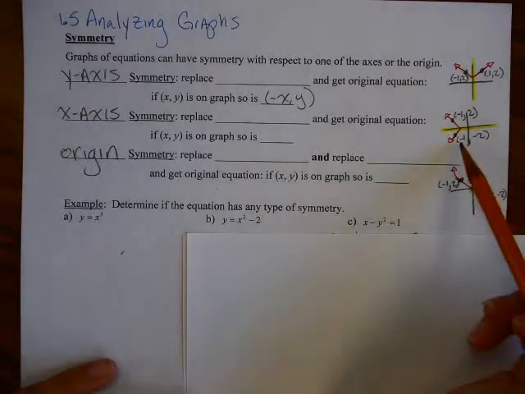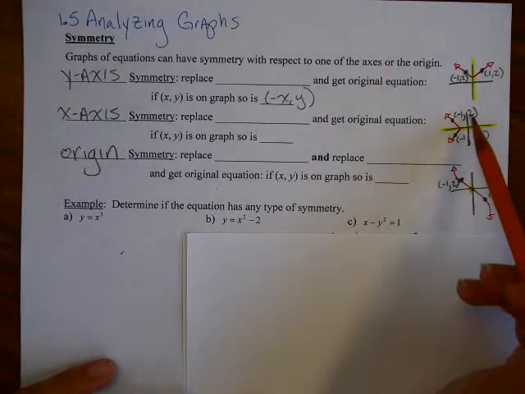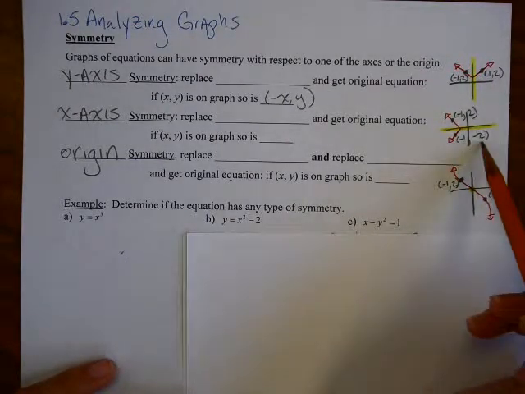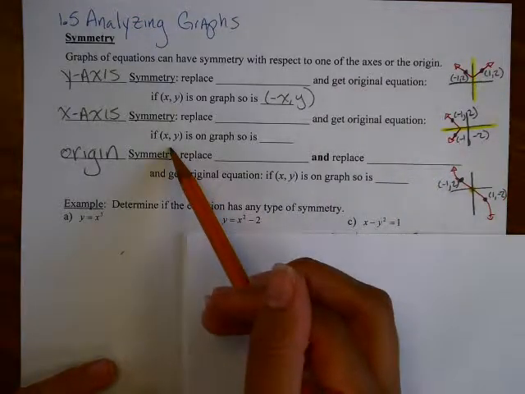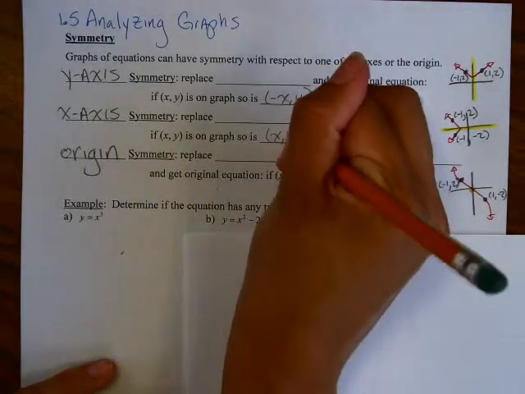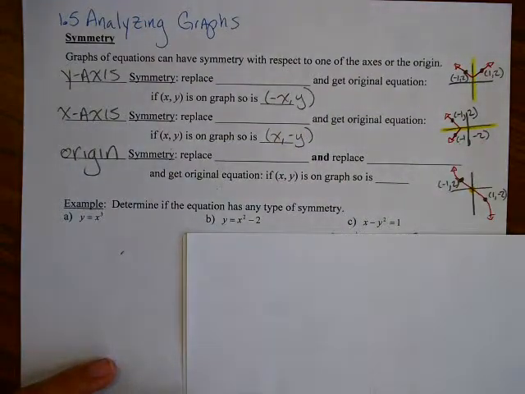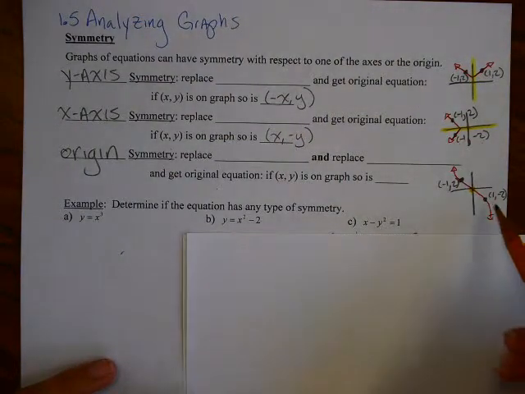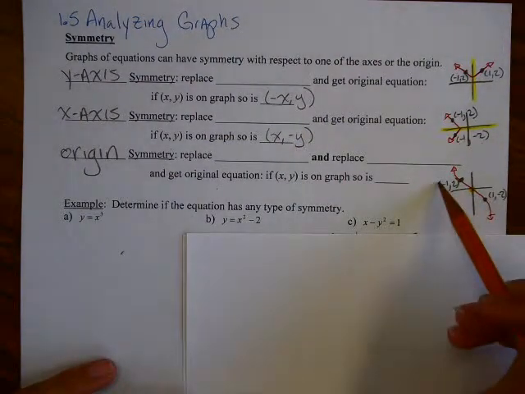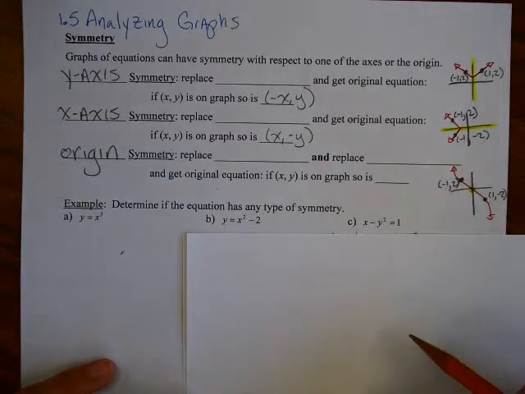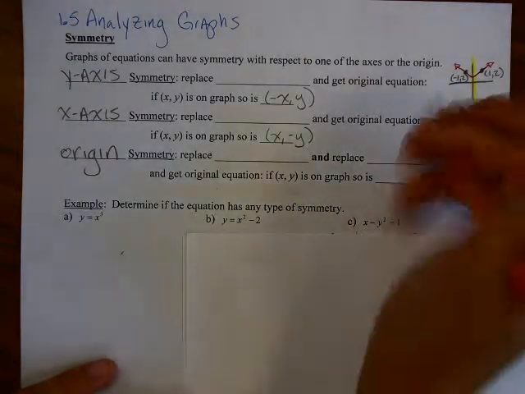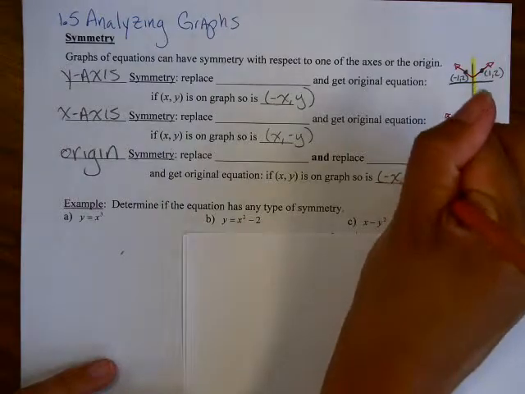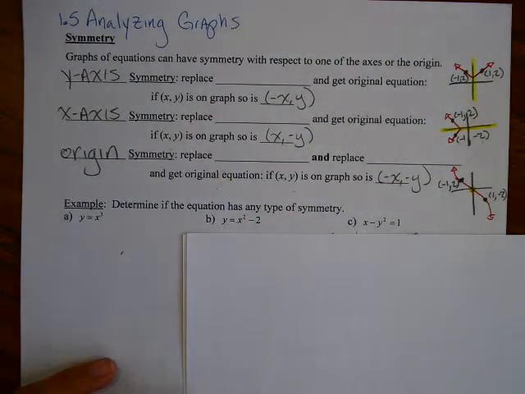For x-axis symmetry, the x value stayed the same, but it's the y value that became the opposite. So if (x, y) is on the graph, so is (x, -y). And finally, for origin symmetry, both the x and the y became the opposite. So if (x, y) is on the graph, so is (-x, -y).